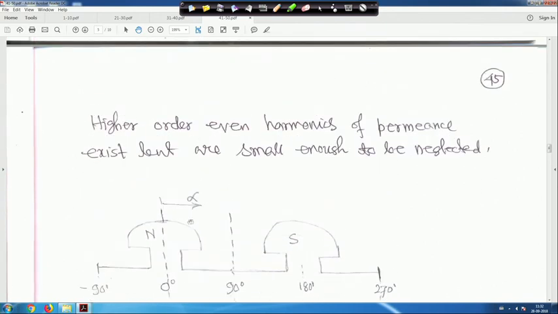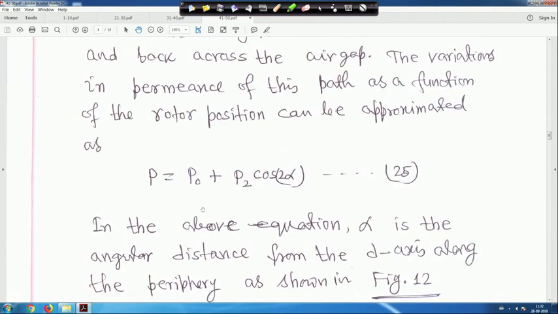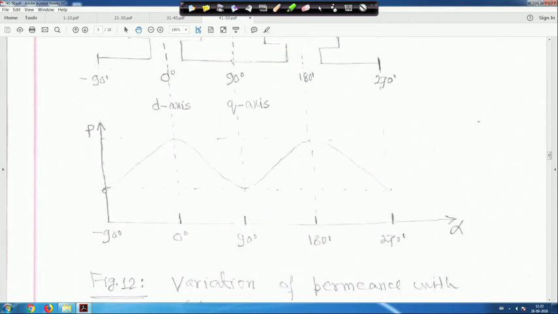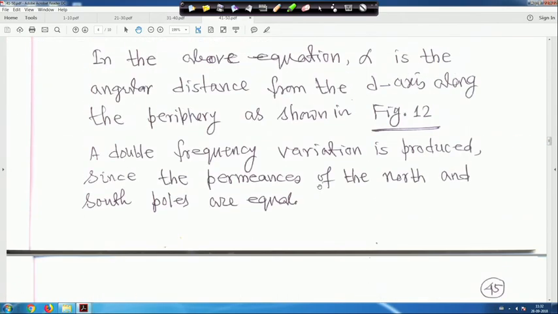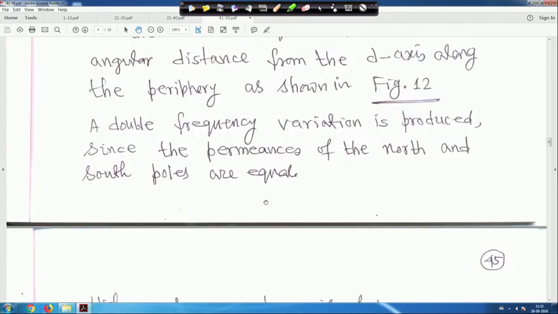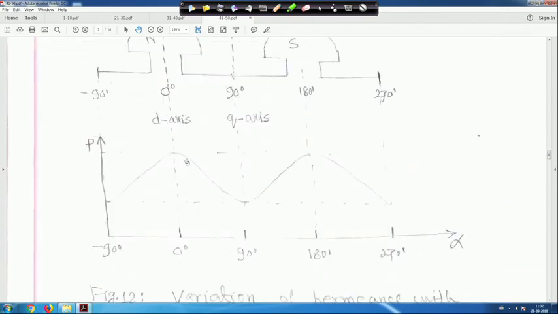If you put alpha equal to minus 90, anyway cos of minus theta is equal to cos theta. So whatever comes, that is your P plot. If you put alpha equal to 0 degree, it will be P0 plus P2, so that peak is actually P0 plus P2.